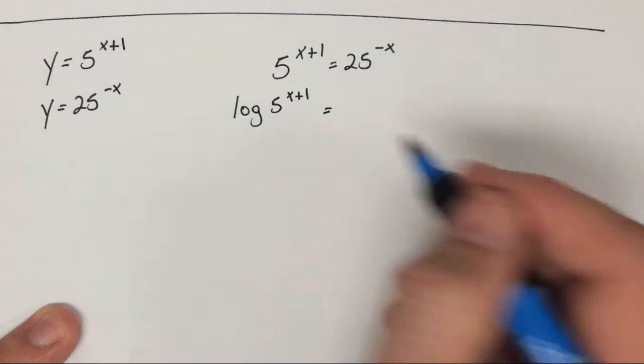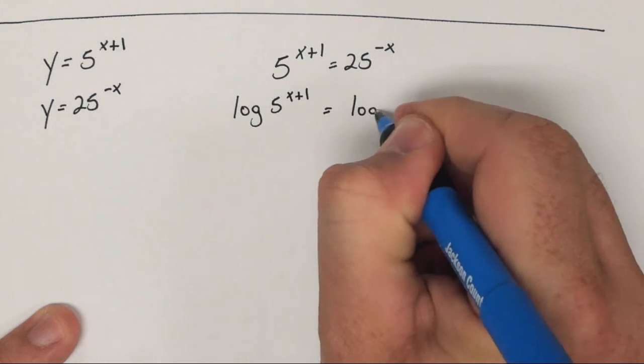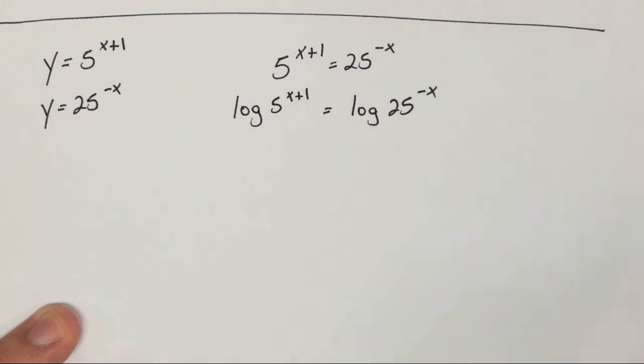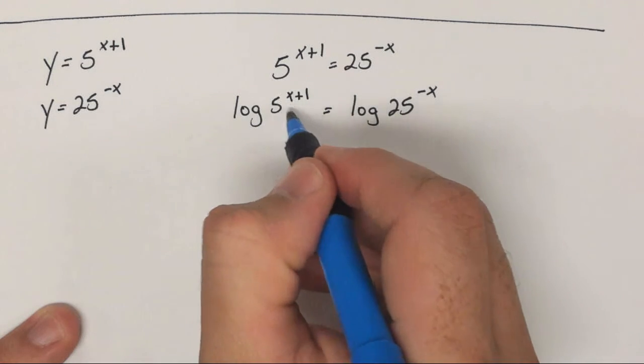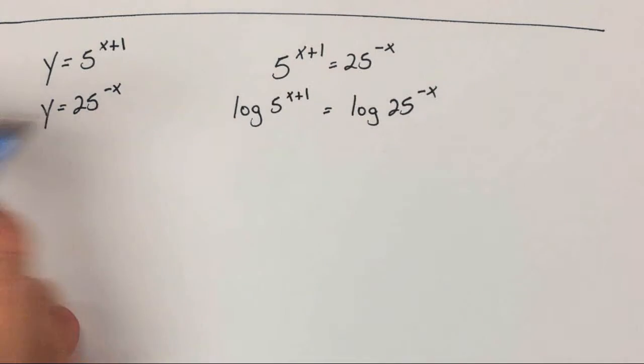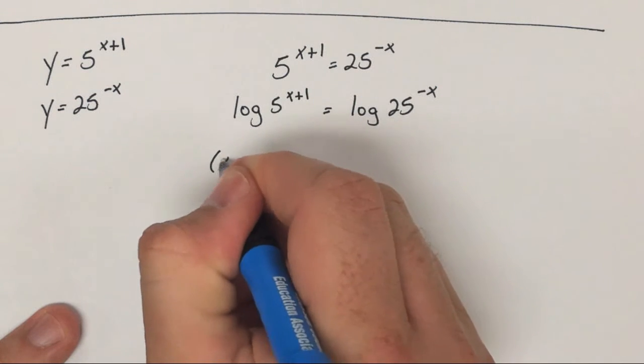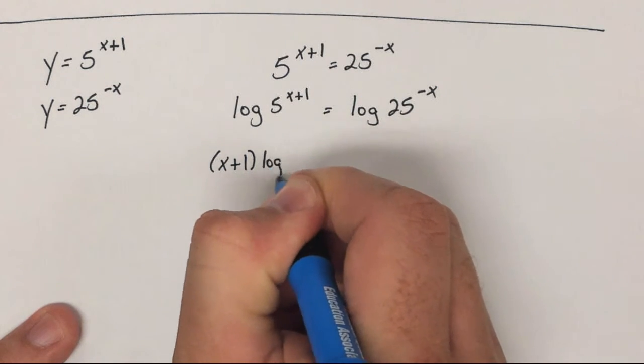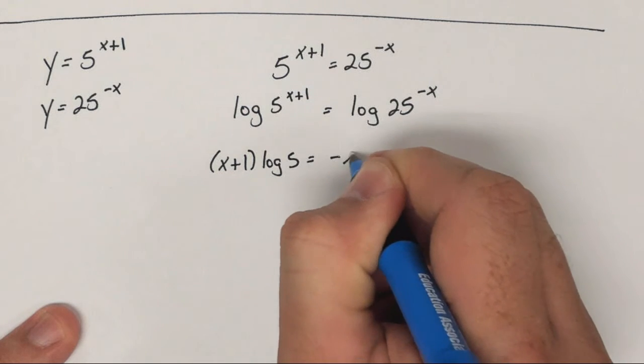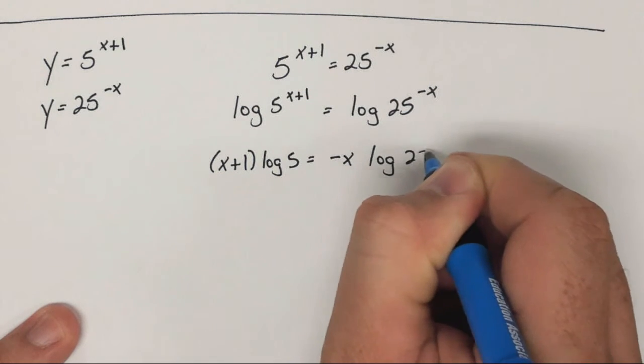Take the log of both sides. The exponent we're bringing down front. So we have x plus 1 log 5 equals negative x log 25.